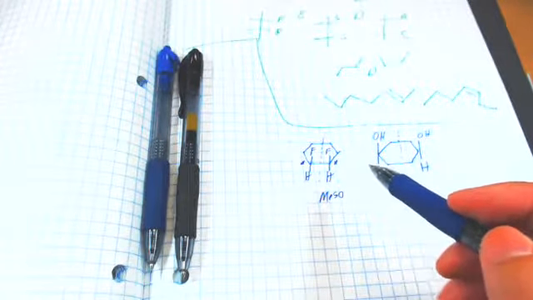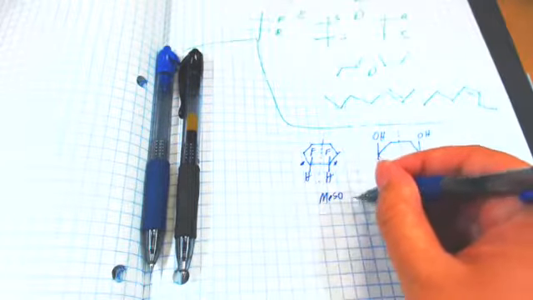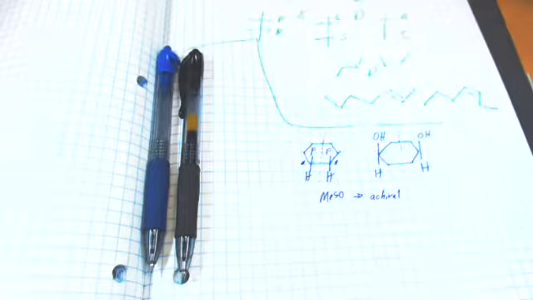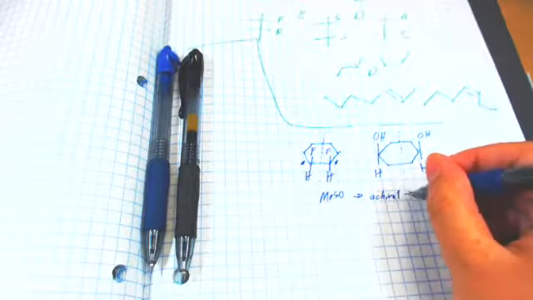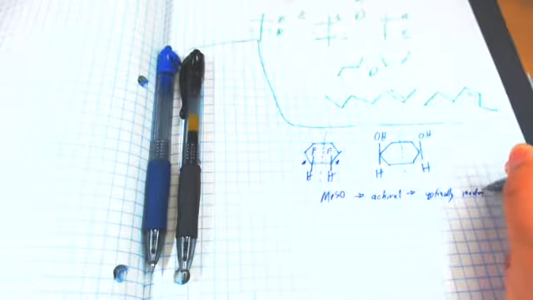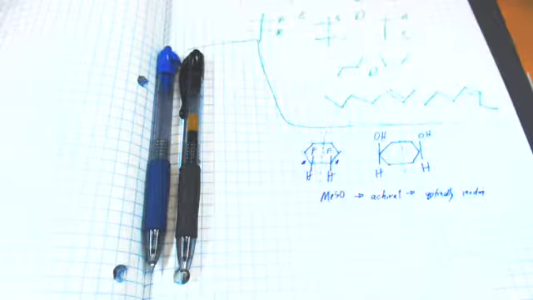Meso compounds are achiral. When something's achiral, that means it's optically inactive. So here's one word that you don't know, and here's another that follows right behind it. Optically inactive means you can think about it as the R's cancel out the S's.